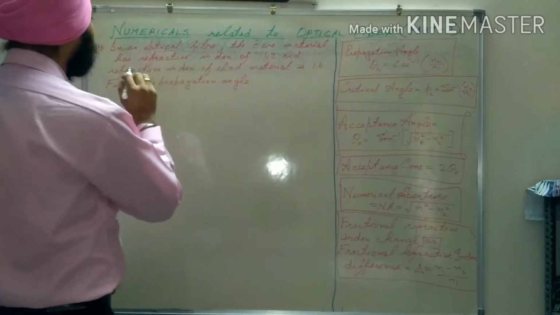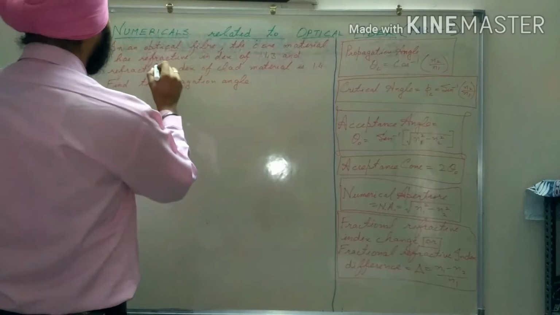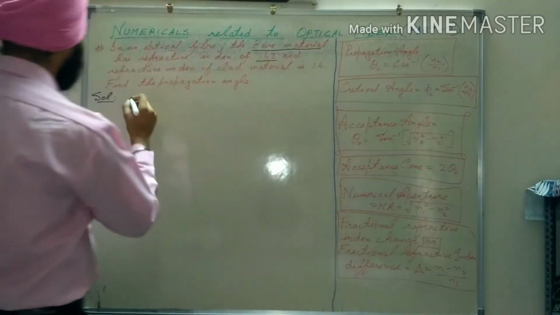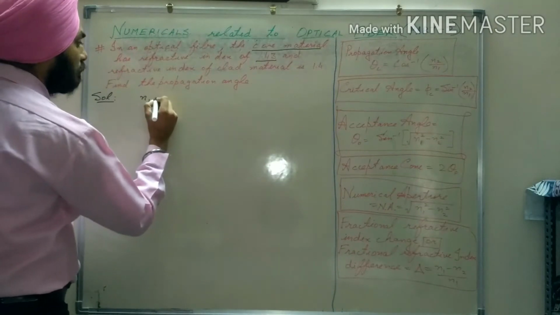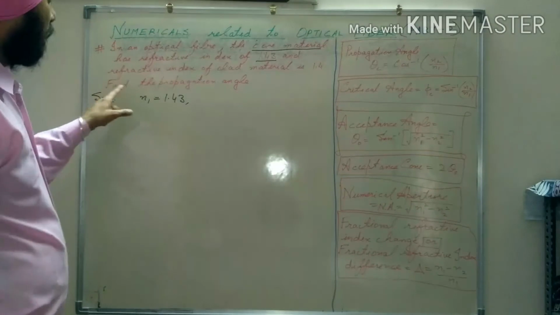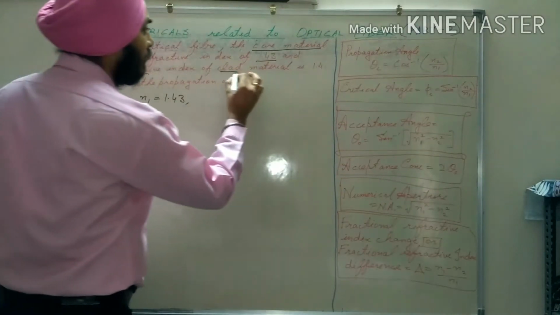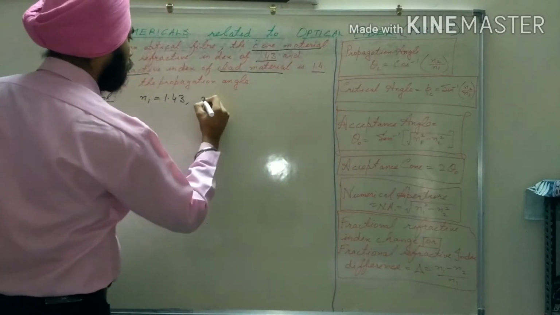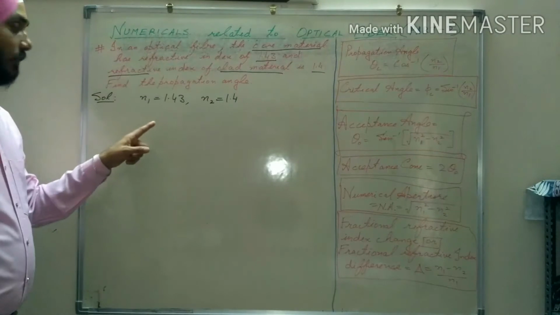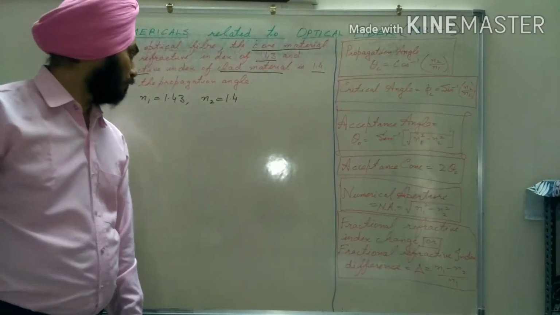So what is given in this? First thing is core refractive index is given 1.43, means n1 is given. And refractive index of cladding material is given, that is 1.4, that is n2 is equal to 1.4. These two things are given, n1 1.43 and n2 1.4, right?